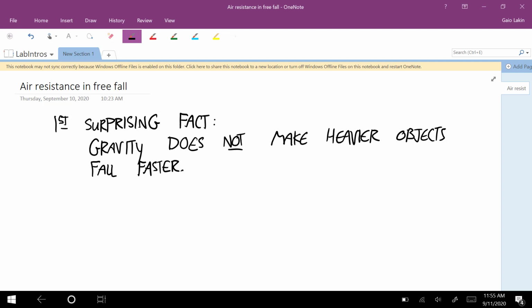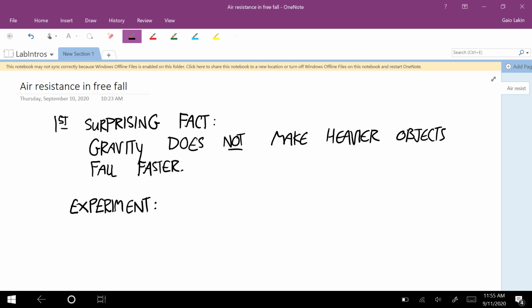And so our experiment today, it's a simulation really, and we're going to use a spreadsheet to do calculations. But the effect is this. Imagine that we have a bunch of different spherical objects, a bunch of different balls.